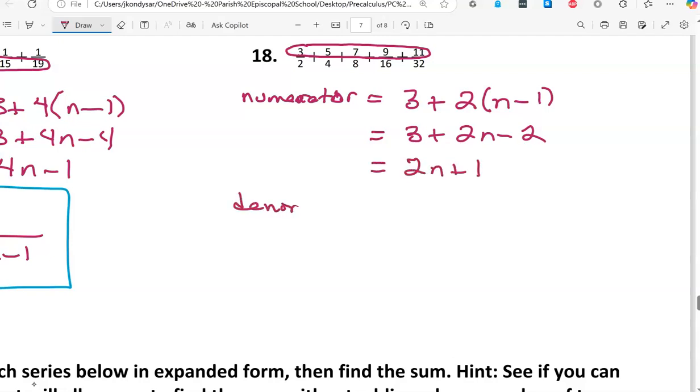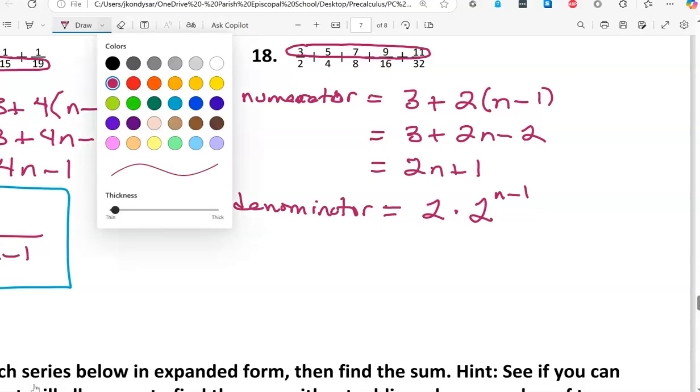The denominators of each fraction form a geometric progression where the first term is 2, and then the common ratio is also 2. So this would be a denominator of 2, the first term, times the common ratio 2 raised to the n minus 1 power.